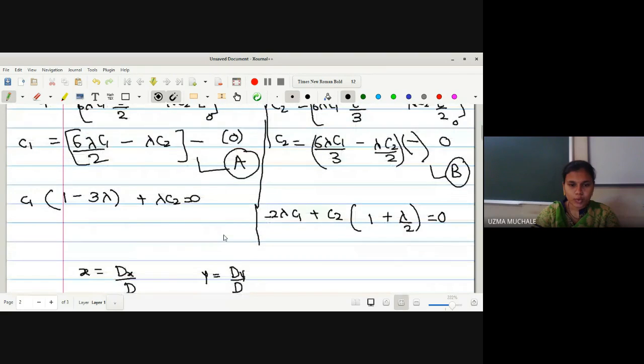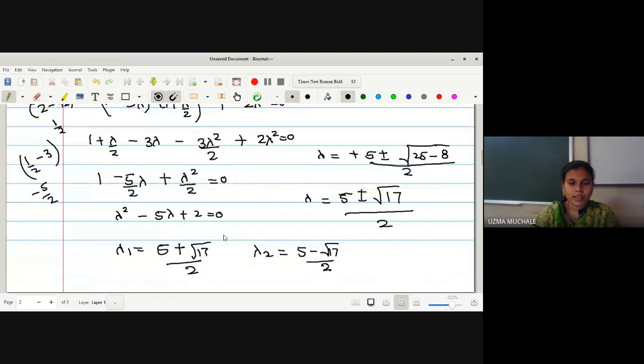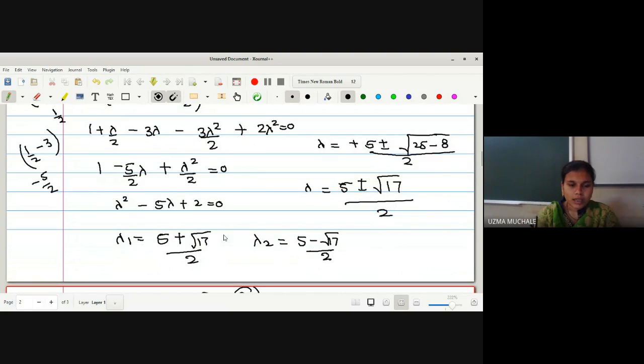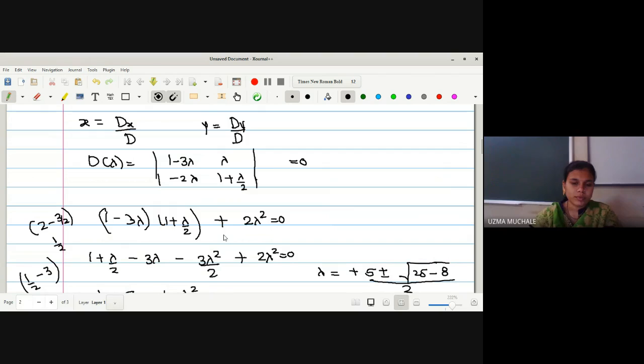Solve this and you will get two equations in two unknowns, that is C1 and C2. And this is what we will get, the non-trivial solution. That means, why? Because we are getting a non-trivial solution since the determinant of the coefficient matrix is equal to 0. So you can say now for these values of lambda we are getting the non-trivial solution. Okay.